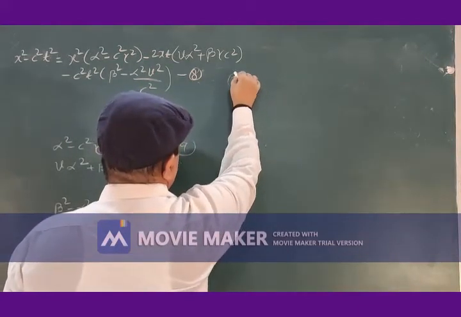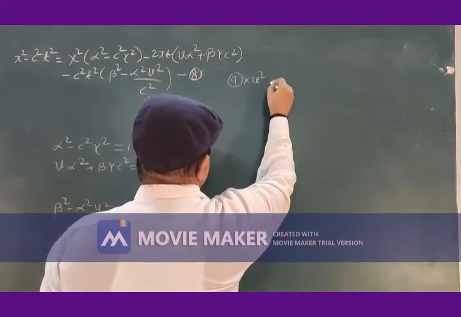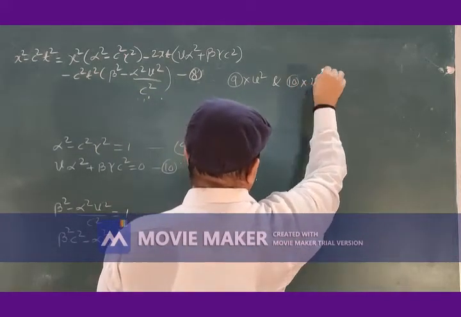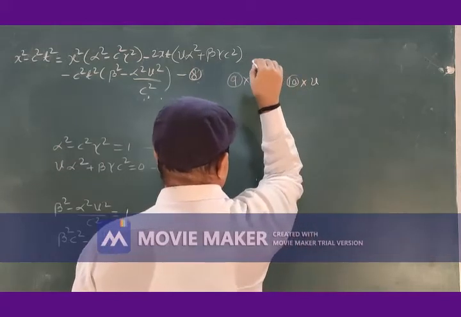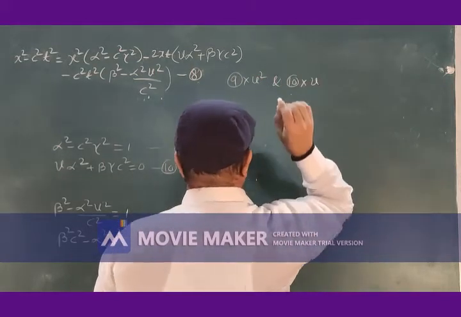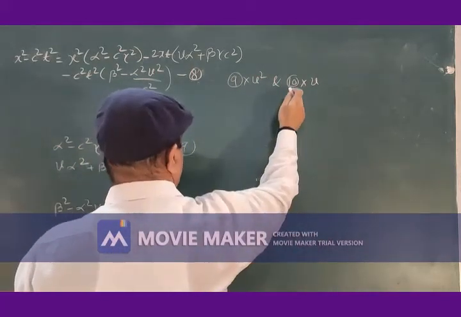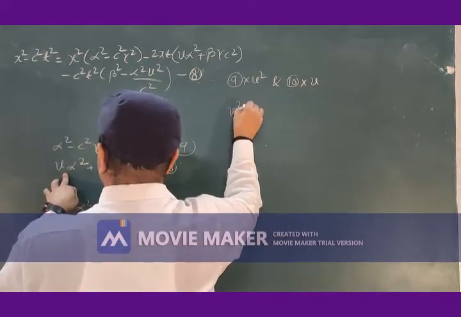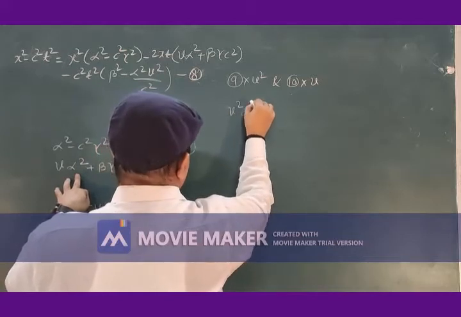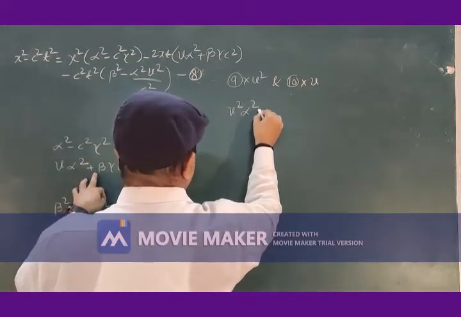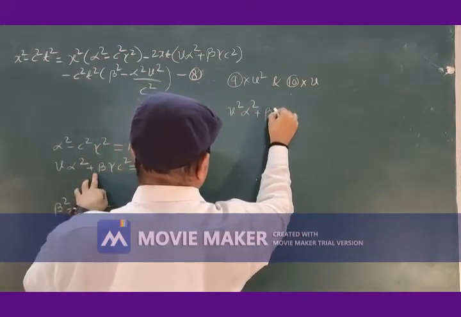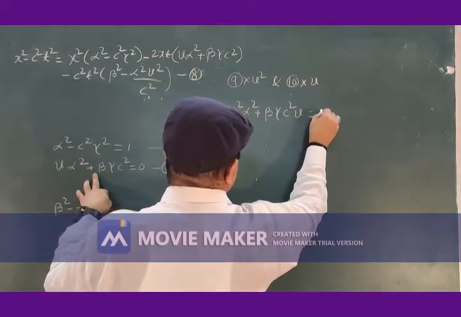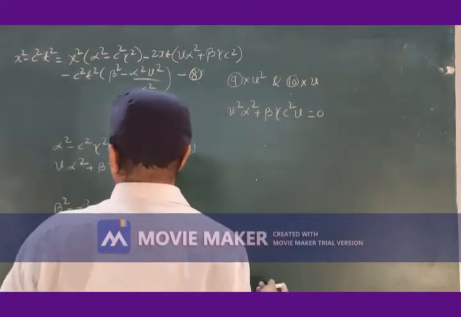Multiplying 10 by v, we will have v square alpha square plus beta gamma c square v is equal to 0.